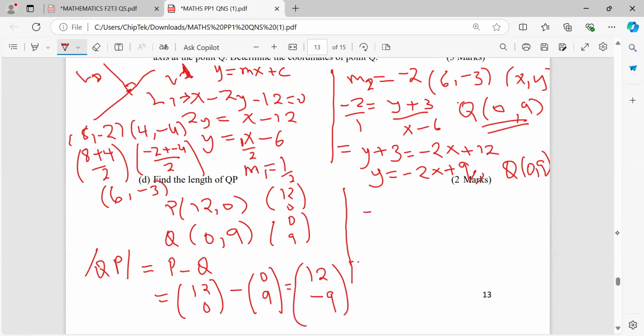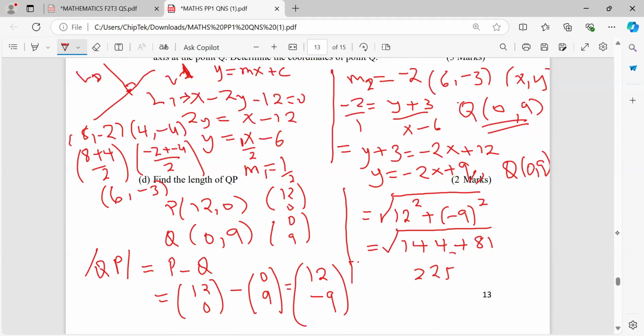Alafu ile answer utakayopata, hiyo 12 u square na hiyo negative 9 pia u square. So the answer that you get, you square root it. 12 square ni 144, 9 square ni 81. So square root ya 144 plus 81 is 225. So square root ya 225 tayari tunajua ni ngapi? I think it's 15. So 15.